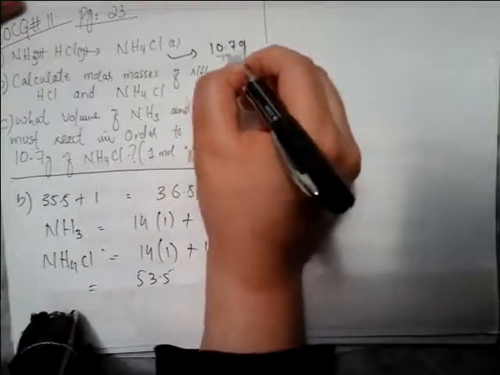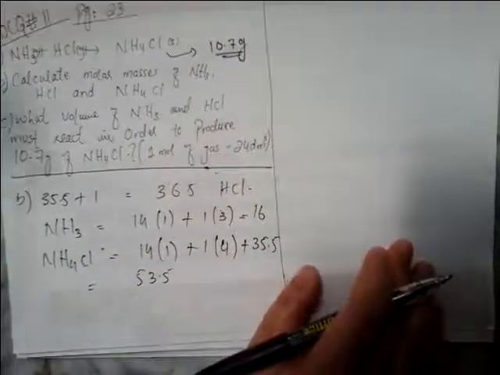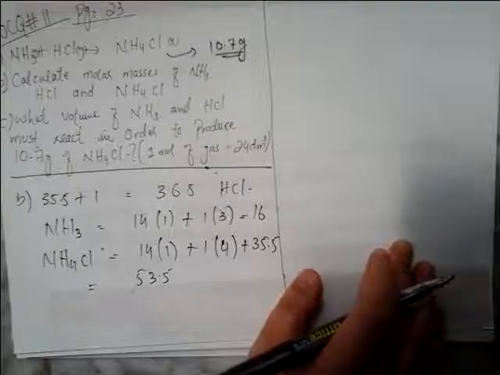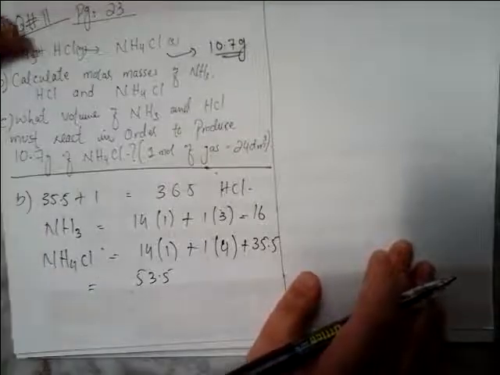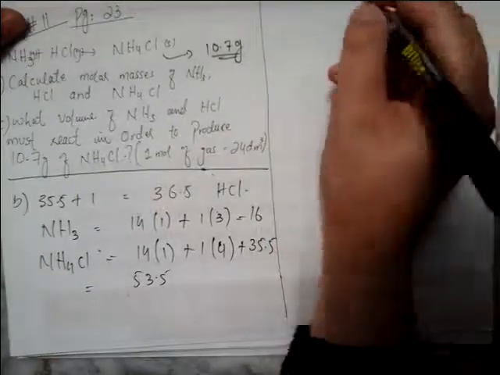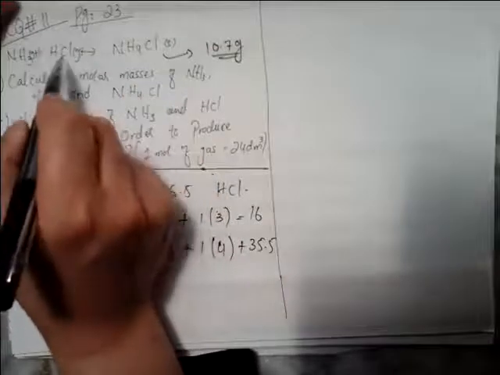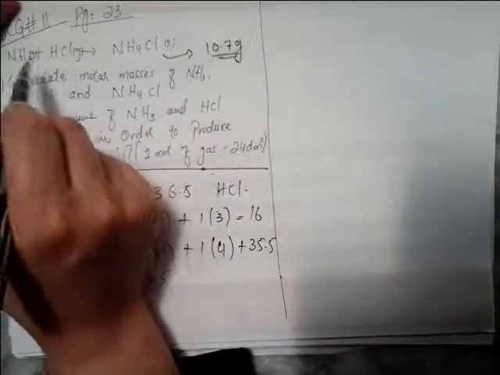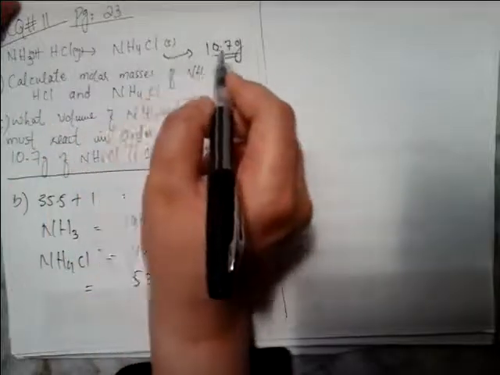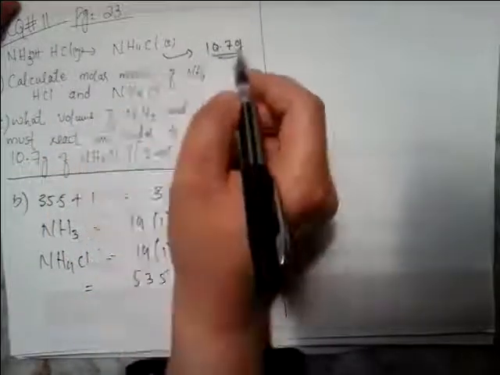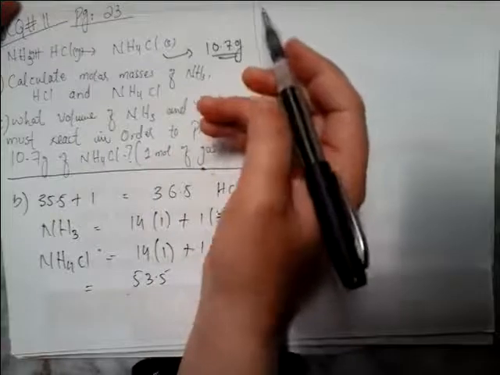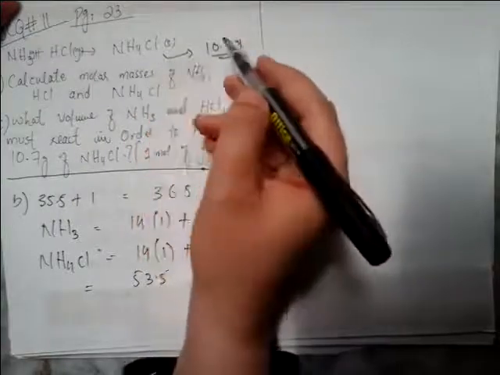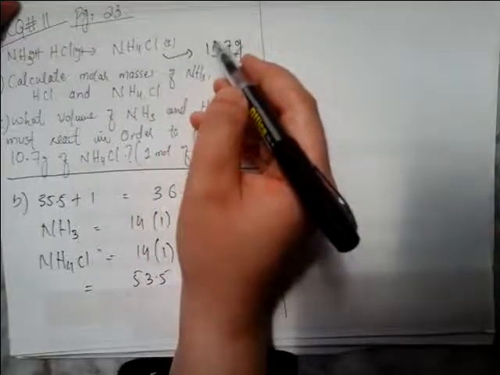10.7 gram of ammonium chloride is given. Okay, so first of all, again we have to find the moles of hydrochloric acid and ammonia. In the first step, we can find the moles. First of all, we have to convert the gram weight of ammonium chloride into moles. And after conversion of gram weight of ammonium chloride into moles, we will apply the stoichiometric concept.